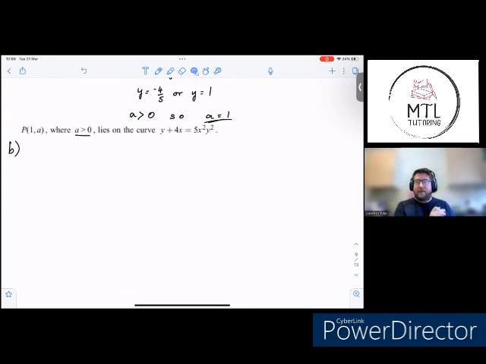So in order to find the gradient, we need to differentiate, and we're going to do it implicitly. So we start with the y, differentiate that, we get dy by dx. 4x becomes 4. And here we've got a product, so I'm going to treat this as 5x squared times y squared. That will be my u and my v. And when I do the product rule on that, I get u dash v plus u v dash.